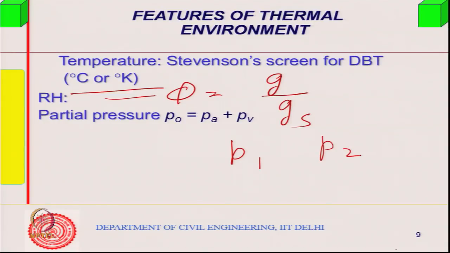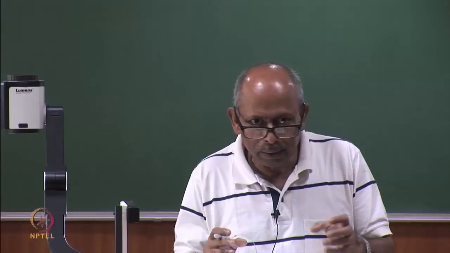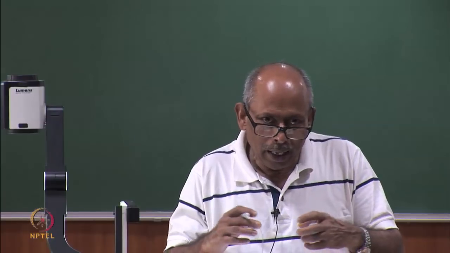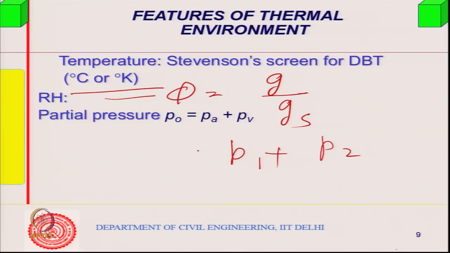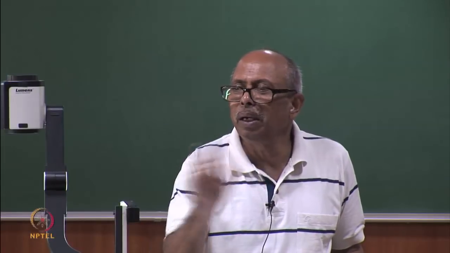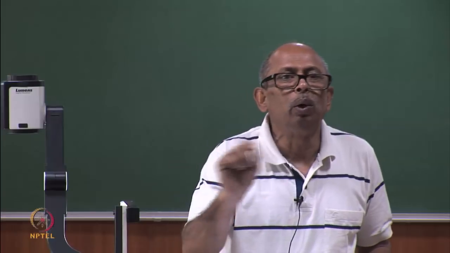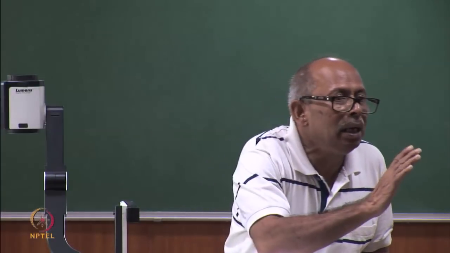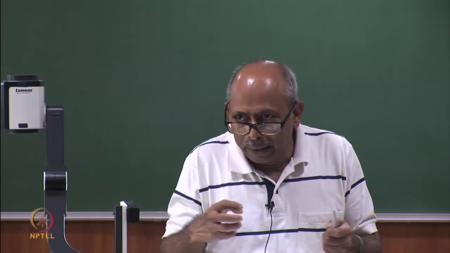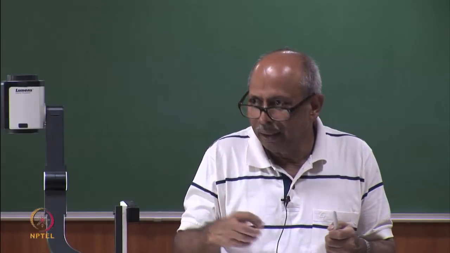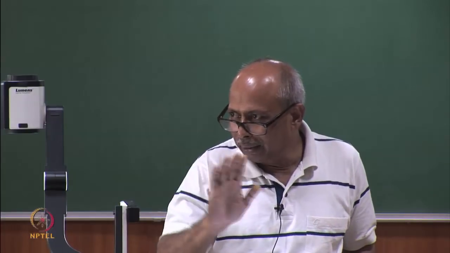Now, when I mix the same masses of the two together and put them in the same volume, the total pressure will be the sum of the two. You can understand this from the kinetic theory of gases, because pressure is nothing but molecules hitting the boundary of the vessel. When I pack two gases together, obviously they will exert more pressure.